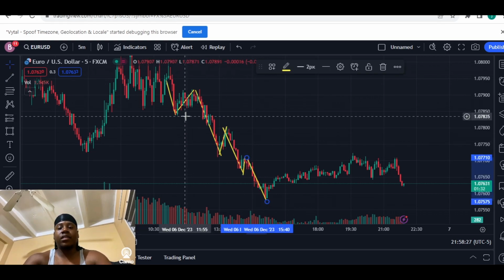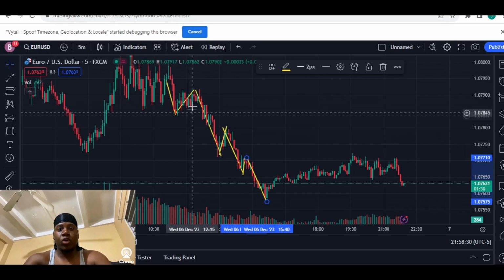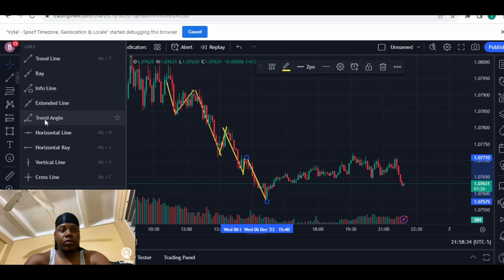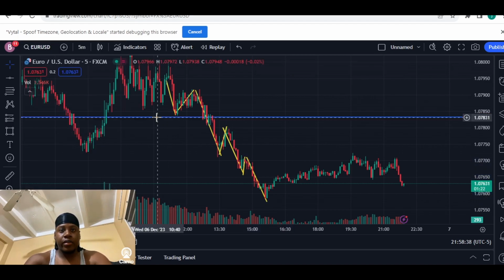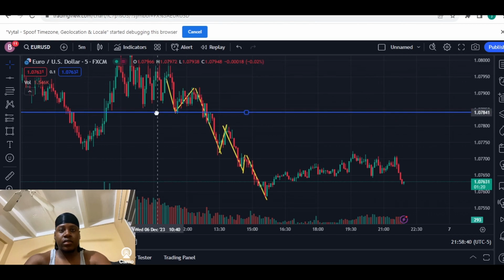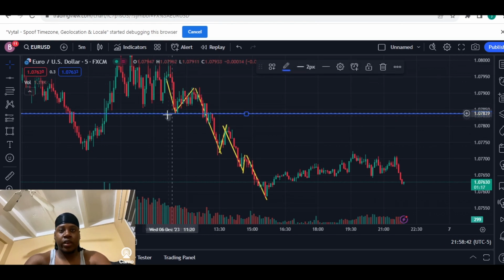So it's a downtrend, or we have lower lows and lower highs, because this right here, let me go ahead and show you what I'm talking about. You see this little swing right here, it's called a lower low because it's breaking low and it is lower than the previous low.